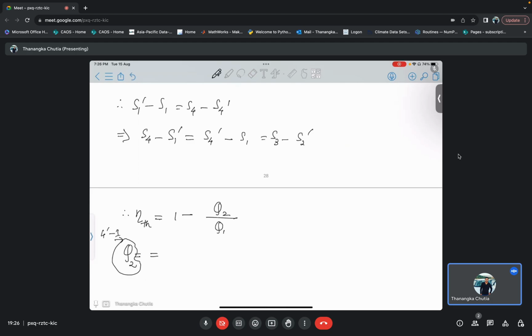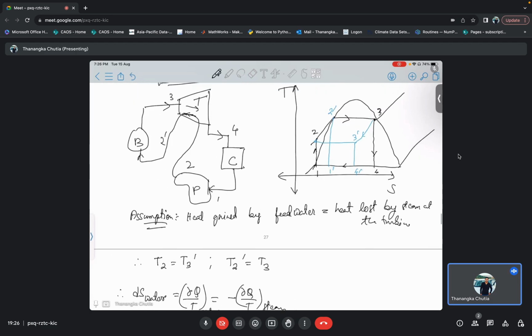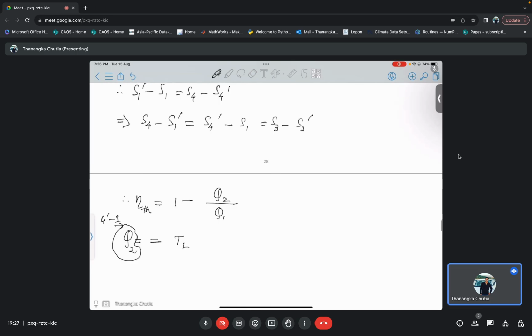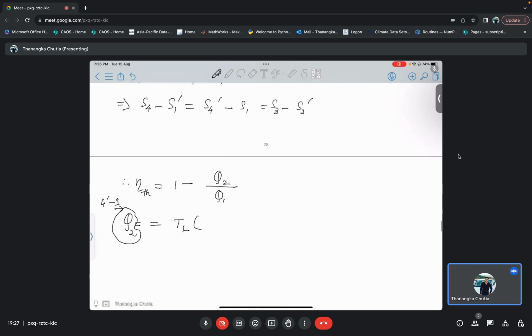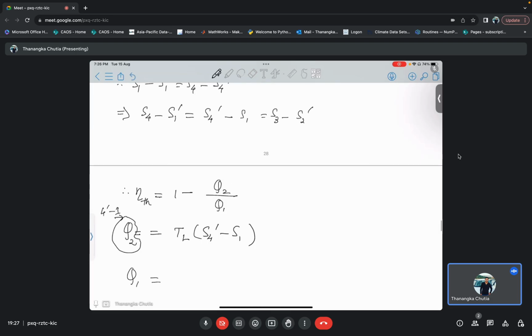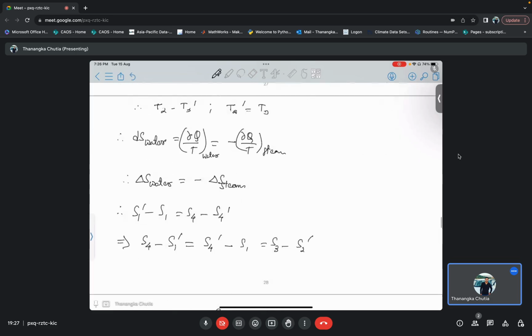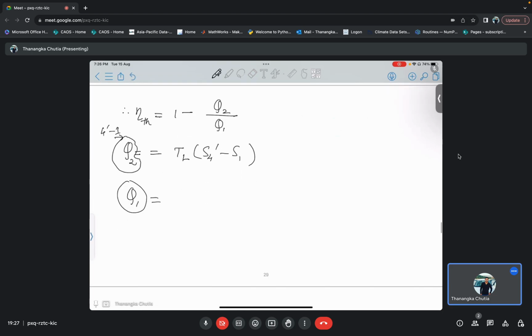This Q2 will now be equal to, if I am naming this temperature as TL and this temperature as TH, TL times S4 prime minus S1. Similarly, Q1 is the process from 2 prime to 3, so this will be T high of S3 minus S2 prime.